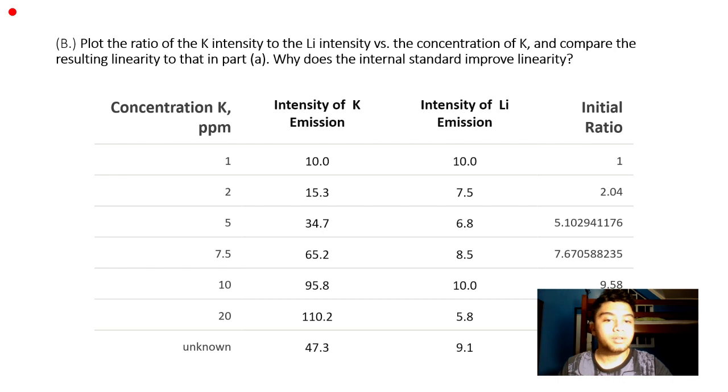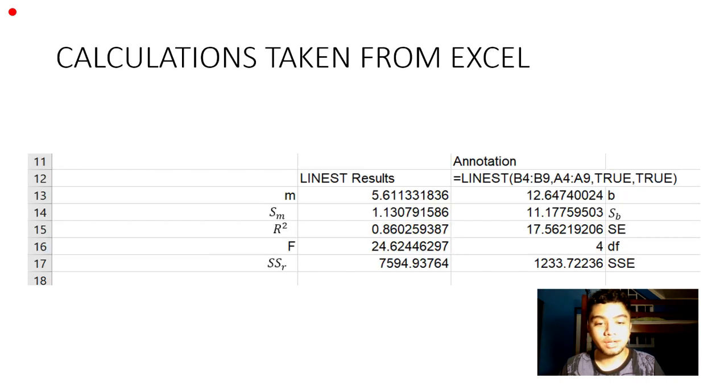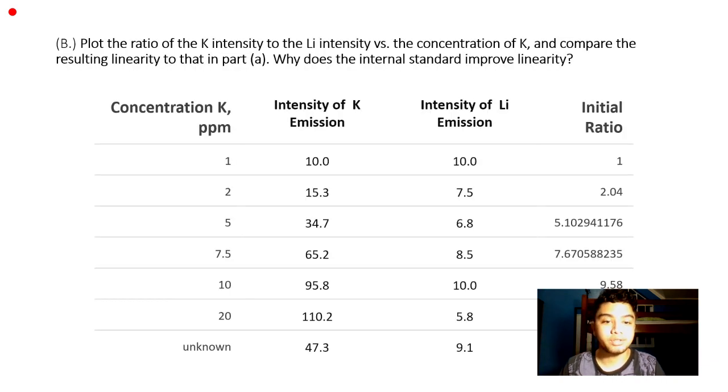Using the table, we get the initial ratio by dividing the intensity of potassium emission over the intensity of lithium emission. As an example, we divide 10 by 10 to give an answer of 1. Again, we divide 15.3 by 7.5 to get an answer of 2.04.